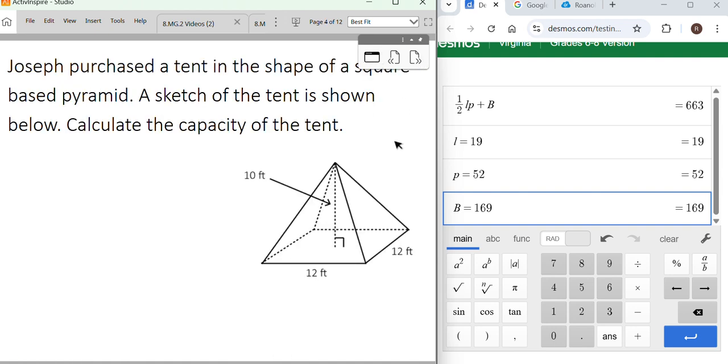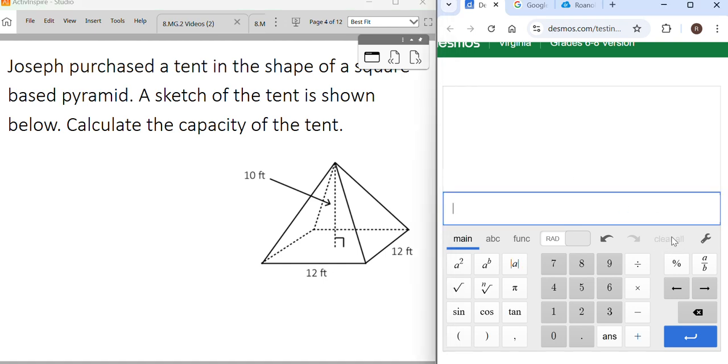This says Joseph purchased a tent in the shape of a square-based pyramid. He has given you a sketch of that tent, but it wants you to calculate the capacity. Capacity is a signal word for volume.